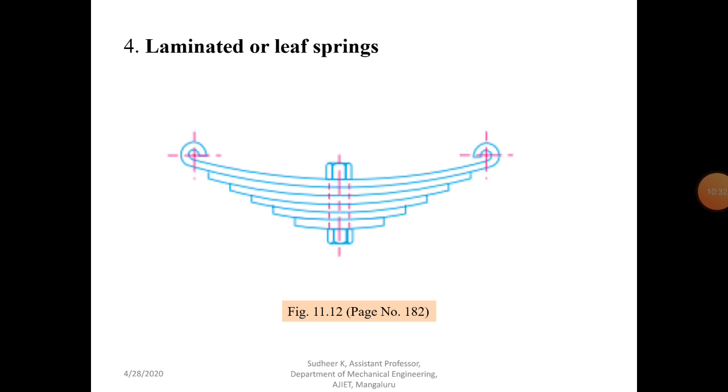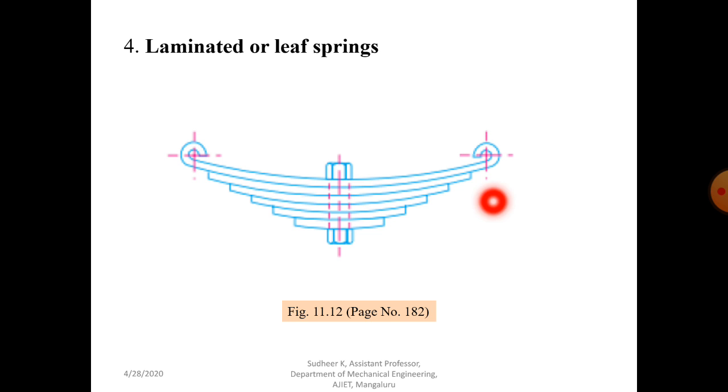One more type of spring is called laminated spring. We commonly call it leaf spring. It consists of a series of flat plates, usually in a semi-elliptical shape, as you can see here. The flat plates we call leaves, or a leaf. The leaves are usually held together by means of U bolts and a center clip. The longest leaf we call the master leaf.